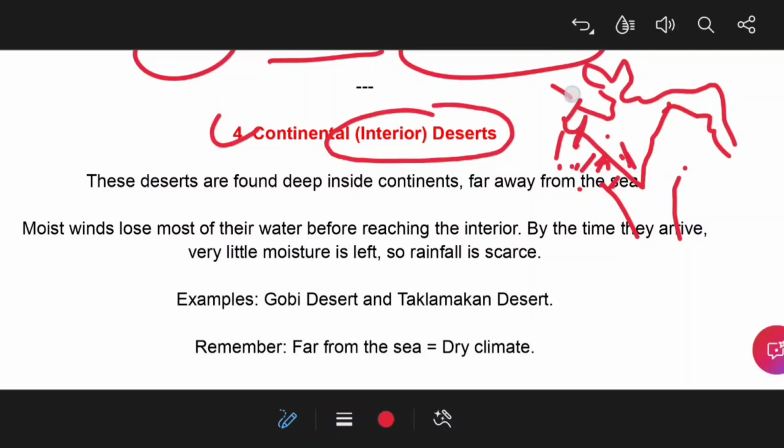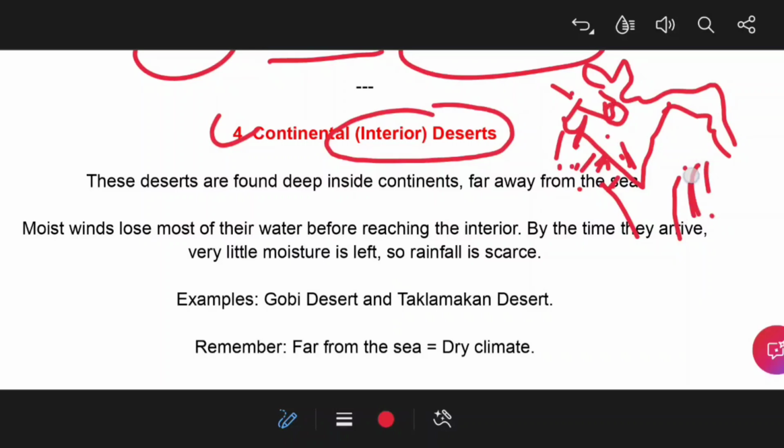But when they reach the Rajasthan area, they will not get any moisture, because no major water body is present there, right? Now this is the interior part of India, and here you will not get sufficient rainfall.